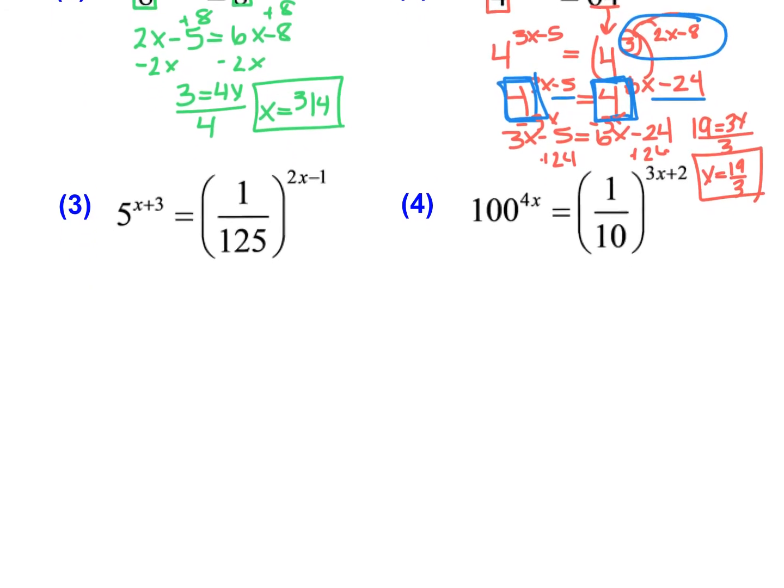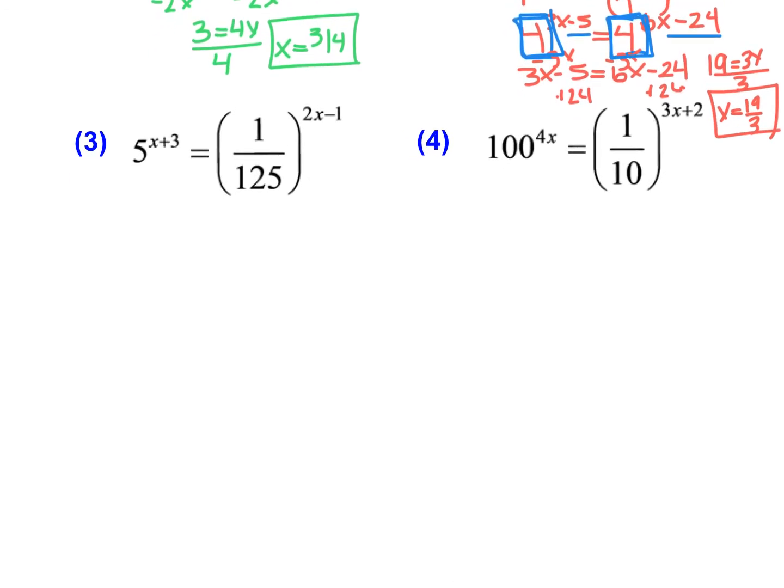So now let's take a look at two more examples that are a little bit more involved. This one down here, I notice I have 1 over 125. And I also notice my other base is 5. If I want to use this base equality property, where if the bases are the same, then the exponents must be set equal and be the same, we need to get these to be matching.